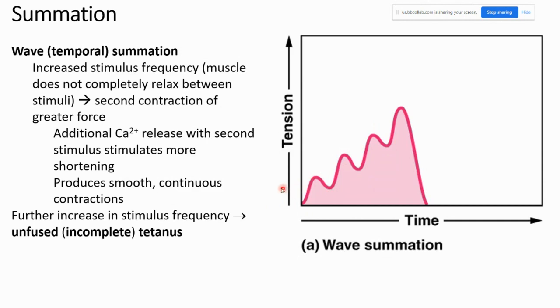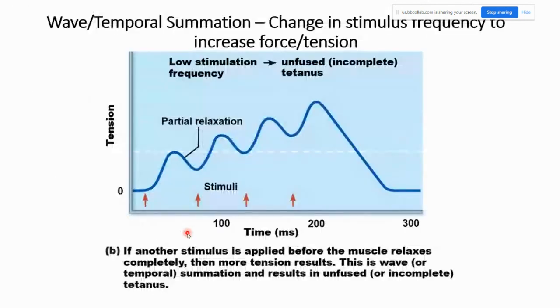I'm going to go to the next slide because the picture's better, but it's the same information. Right, same information. So on partial relaxation, another stimulus, like you can see with this arrow, is sent. Right, so each time a stimulus is sent, we get a stronger and stronger contraction because one's just piggybacking on the other. So it's taking advantage of the fact that relaxation takes a lot longer, right?